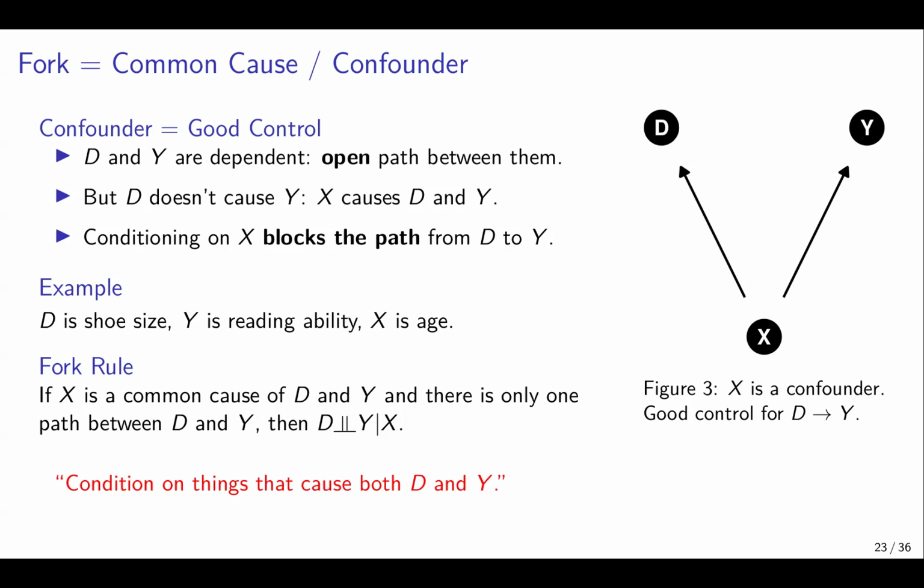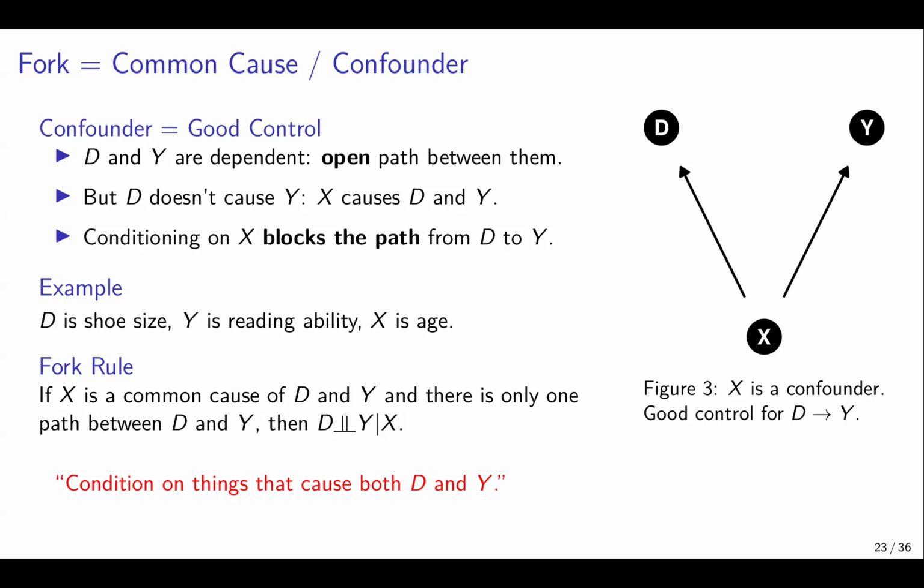There's a path from D to Y because there is a sequence of edges that connect D to Y, D through X to Y. But if you look at the DAG, D does not cause Y. In fact, X causes D, and X also causes Y. We can tell that because there is no arrow from D to Y. There is no causal path from D to Y. There's no direct arrow that goes from D to Y, and there's no sequence of directed edges that I can follow from D to Y.